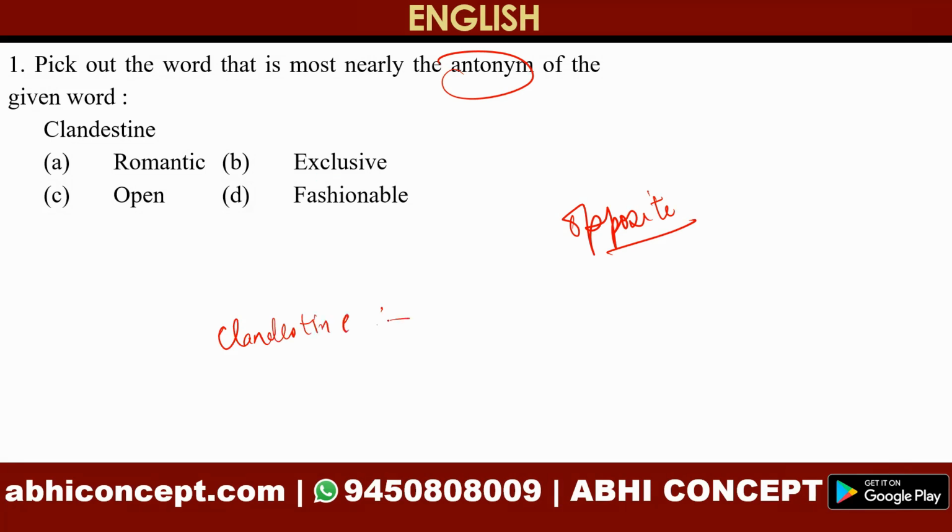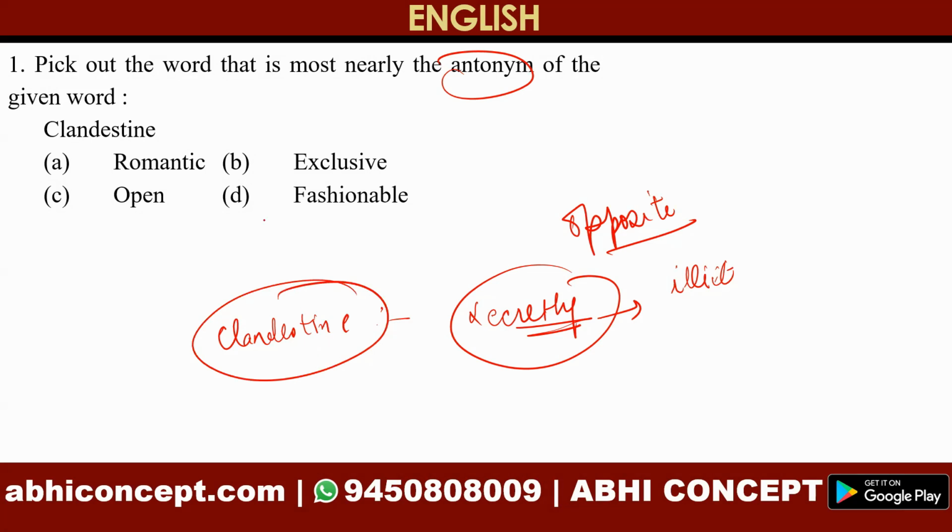clandestine means something which is done secretly because it is an illicit act. Okay. So when you do something secretly, when you do something quietly, we call it a clandestine act. So doing something secretly is the synonym of clandestine.